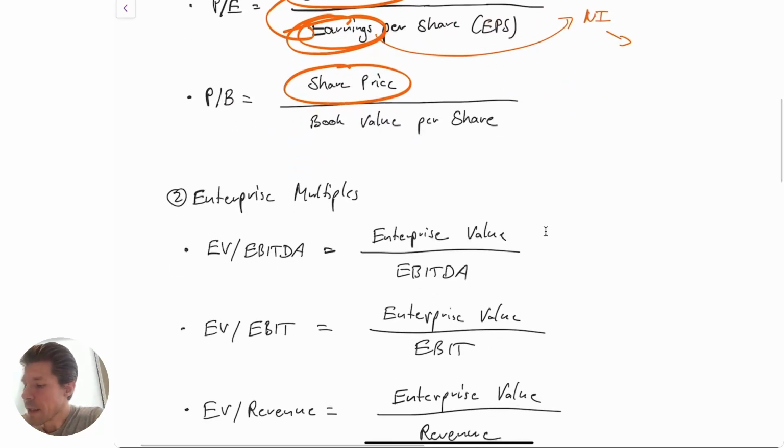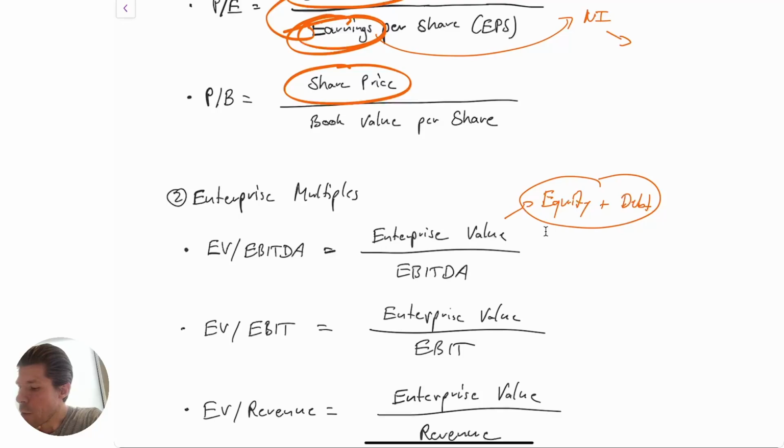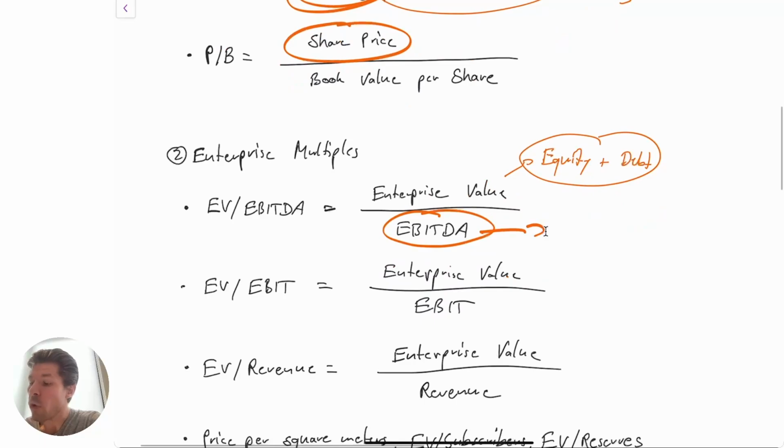When we look at enterprise values, here enterprise value is equity plus debt, then what we do, we look at EBITDA. EBITDA in our income statement is way higher, and because it is before interest and taxes, EBITDA is always available to equity holders and to debt holders.